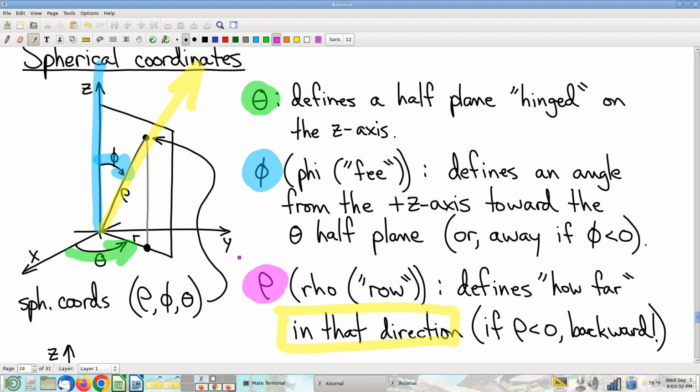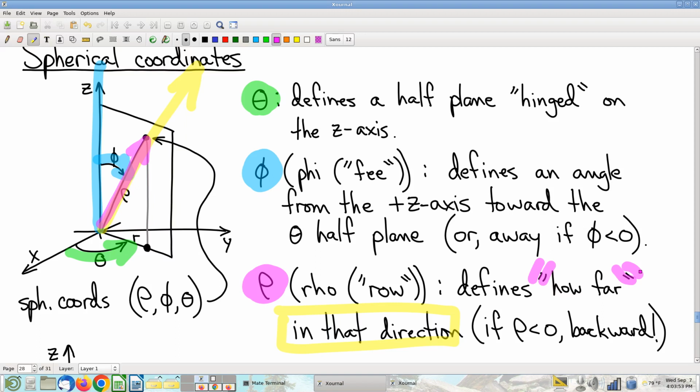But anyway, okay. So rho is, I'm going to say how far in that direction. And again, just like with the polar r, I have to put that in air quotes. Because it's a coordinate, not a distance. Remember, distances are intrinsically positive things. Rho is not. Rho can be negative.